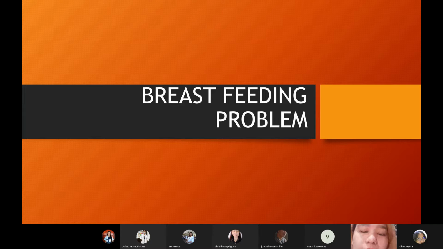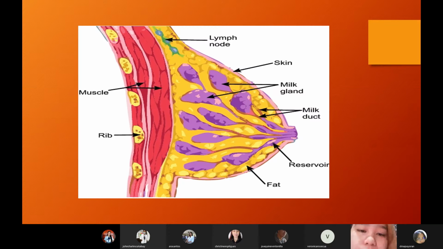Can you tell me what you can see in the first picture? Miss Veronica Rose, can you please tell me what you can see on the screen?